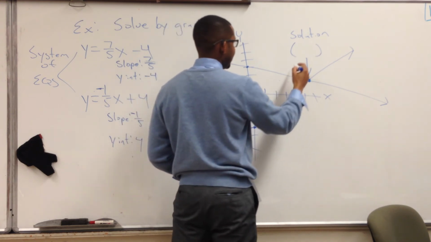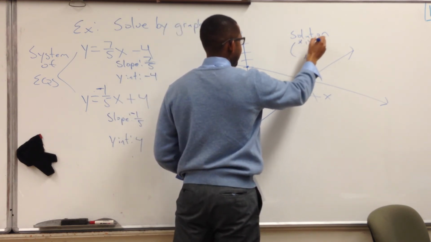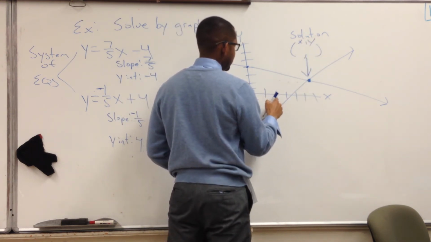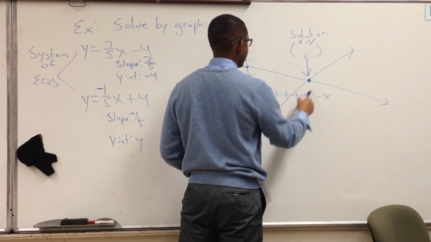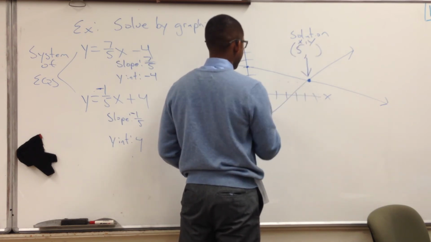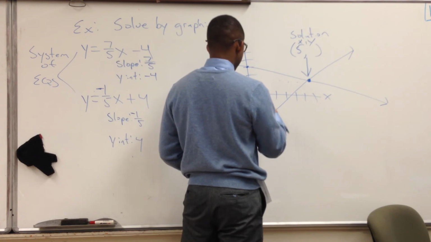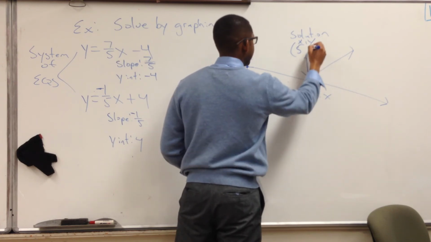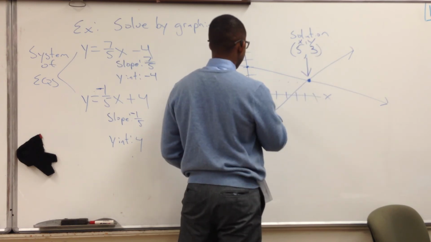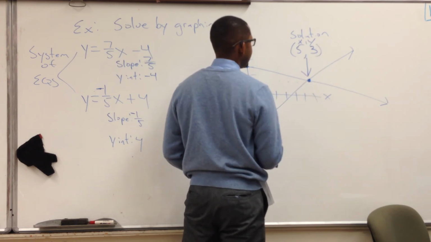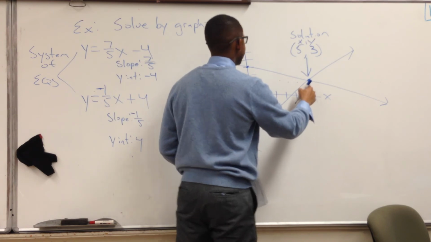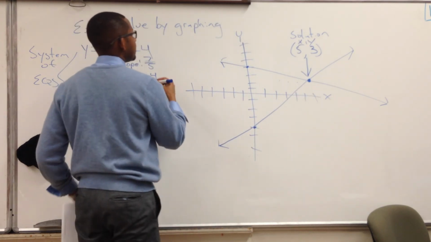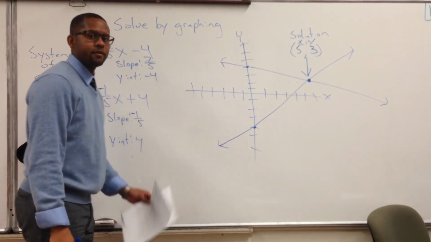At this point right here, right, we have an x and a y. X equals 1, 2, 3, 4, 5. X equals 5, and y equals 3. Should be 1, 2, 3. Yep. This is the point, this is the solution. So the solution to this graph is 5, 3.